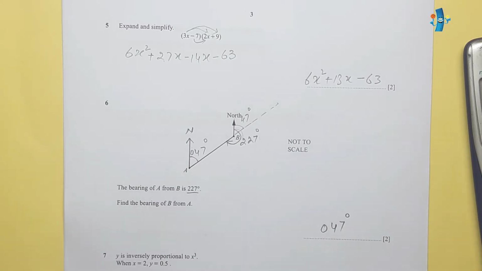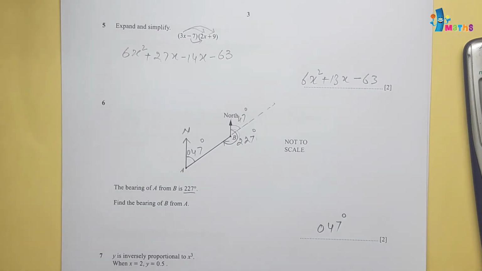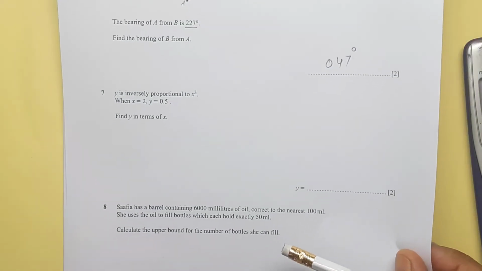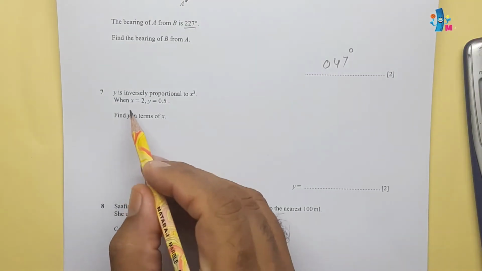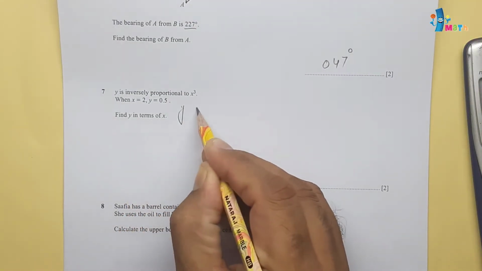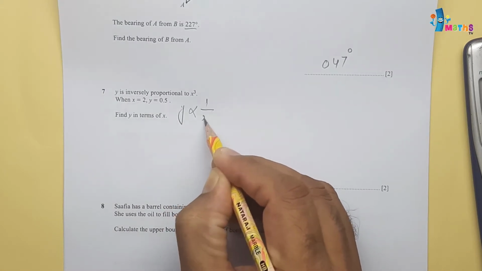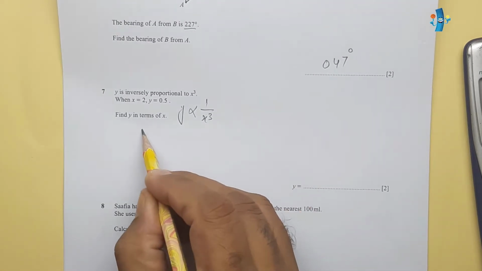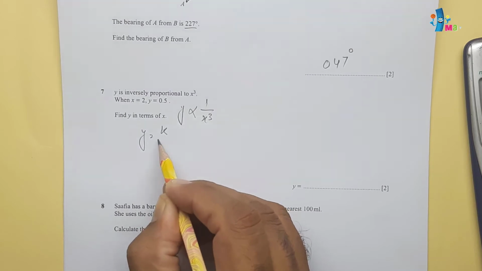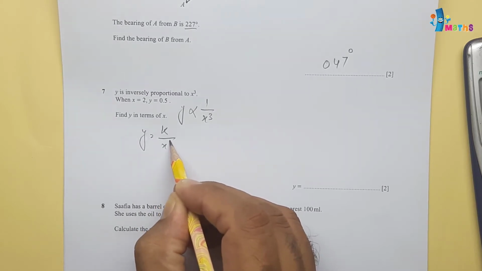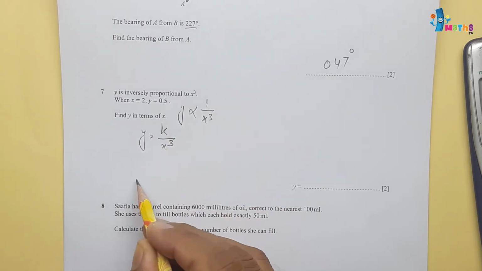Question number 7. Y is inversely proportional to x cube. So we can write y is inversely proportional to x cube. It means y is equal to k over x cube. This will be our equation.